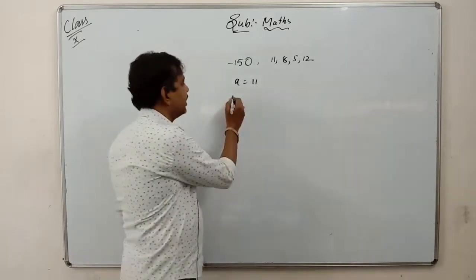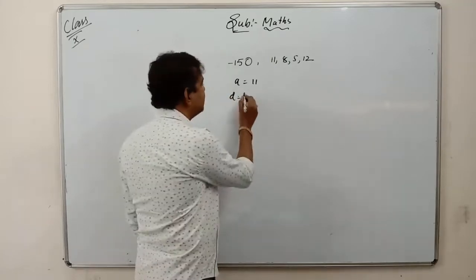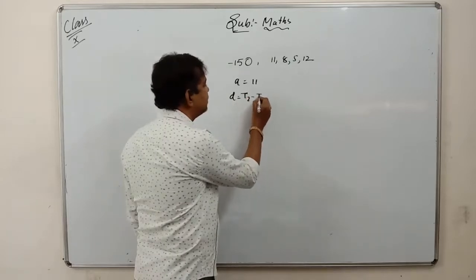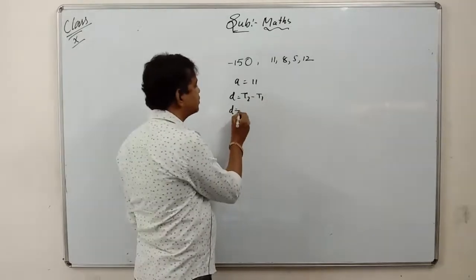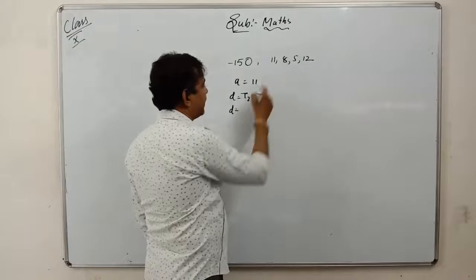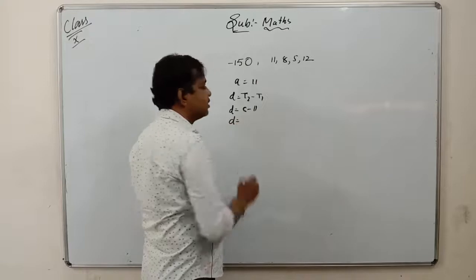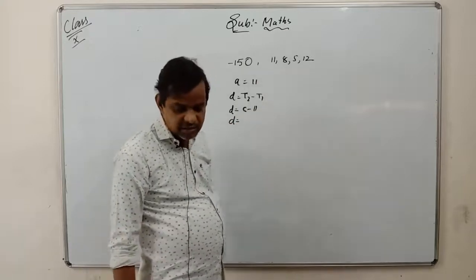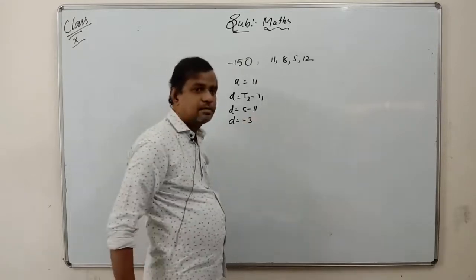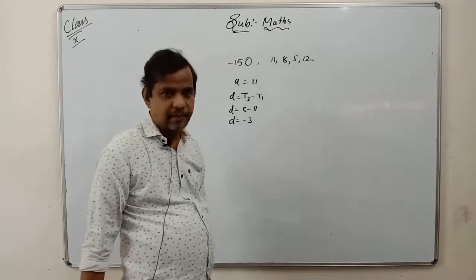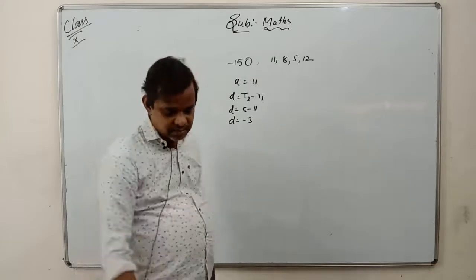D equals, what is the formula to find the common difference? The common difference is nothing but T2 minus T1. So D equals 8 minus 11. We get 3, but the sign is minus there, so D equals minus 3.